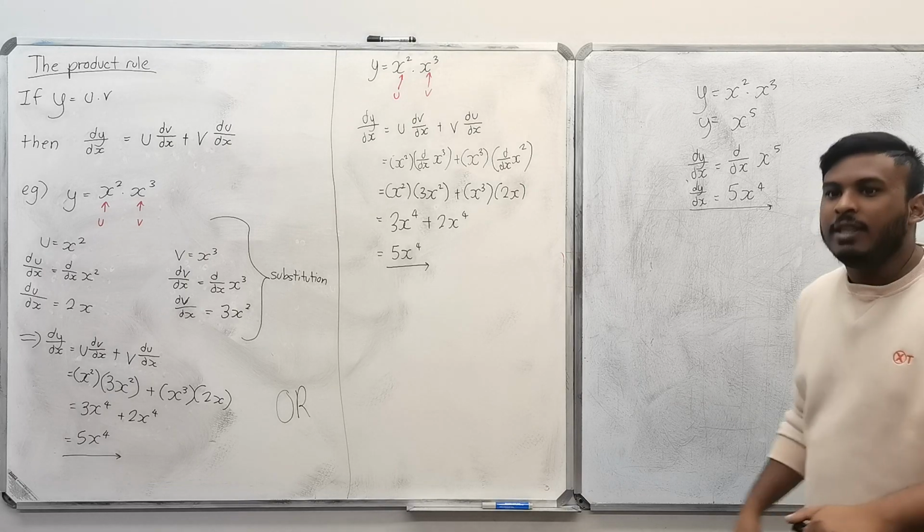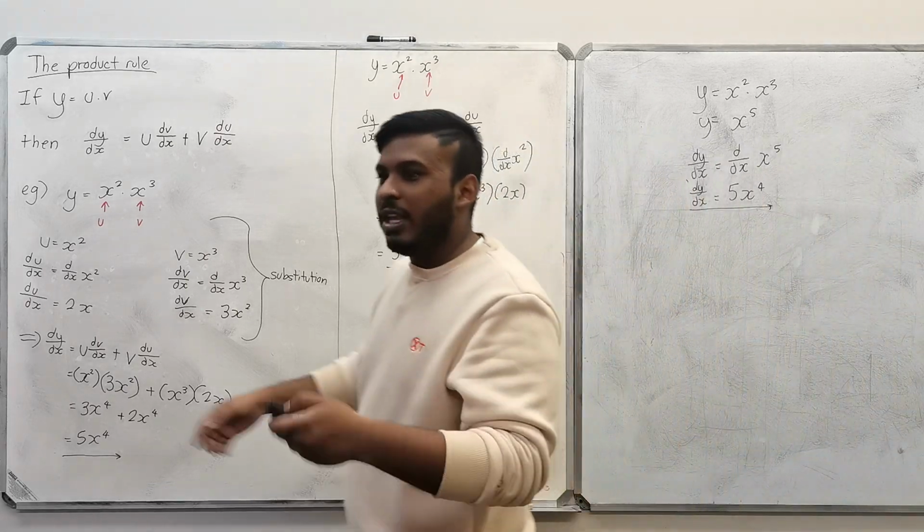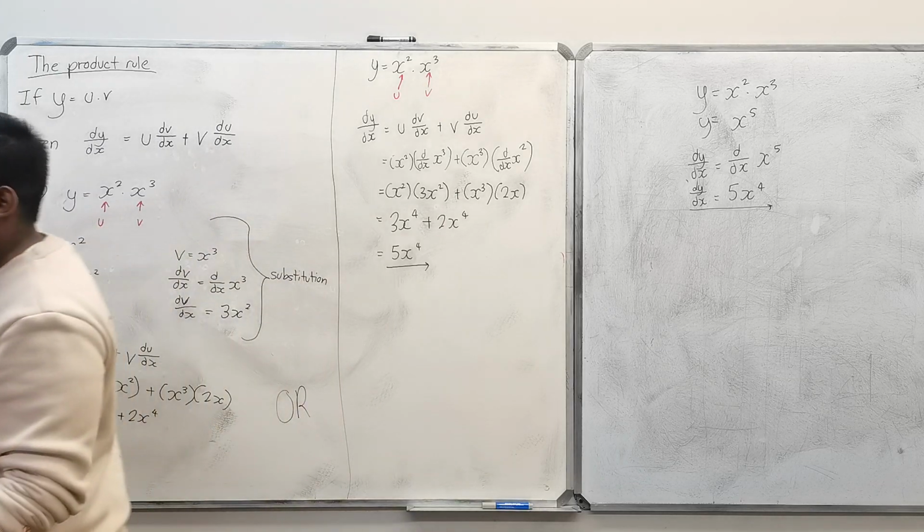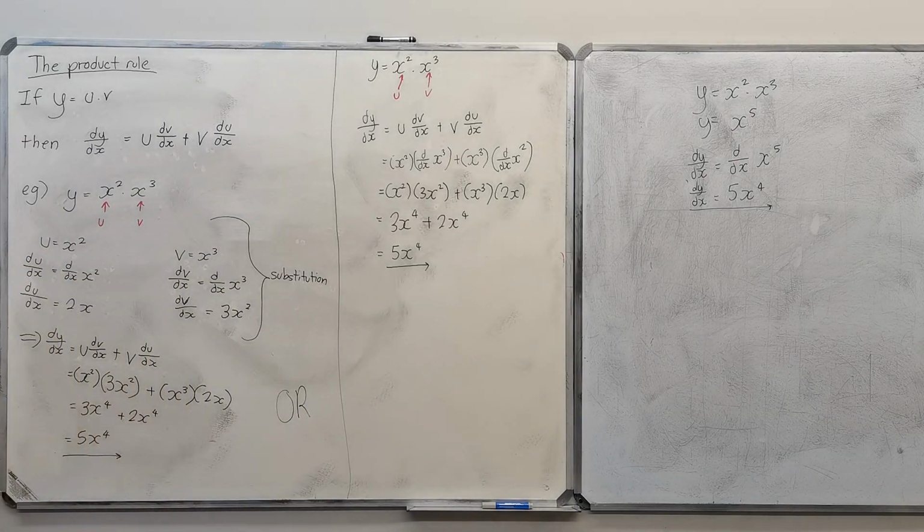But in the paper, they will ask you, given the equation y is equal to blah blah blah, with the aid of the product rule, calculate dy over dx. Are they telling you what to use? Yes, they tell you, because you're going to learn the quotient rule. Now, the product rule is for multiplying. The quotient rule is for dividing.